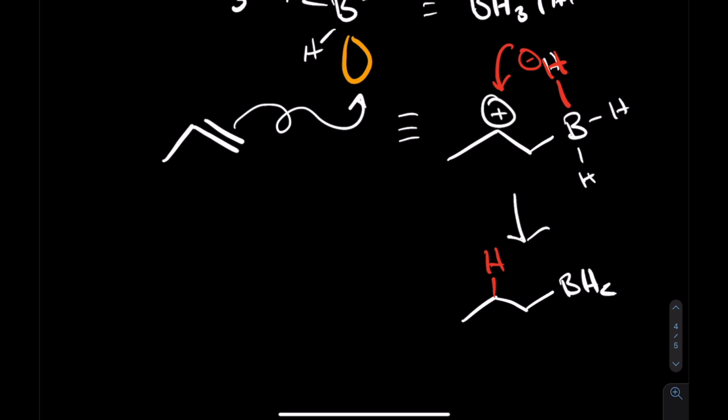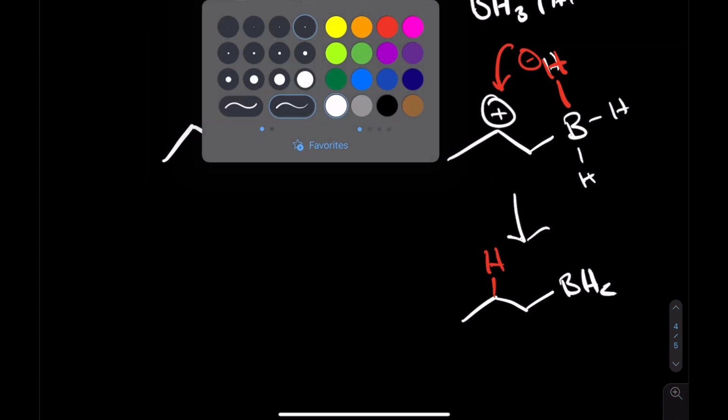And once again, you end up with the borane in the anti-Markovnikov position. Well, what can you do with that? Turns out there's plenty you can do. That borane is fairly easy to remove in the presence of the right conditions.